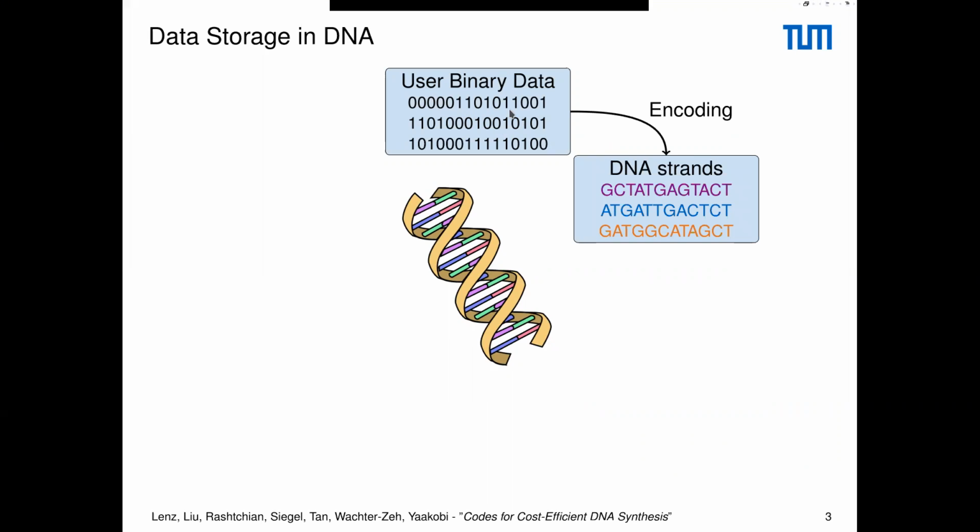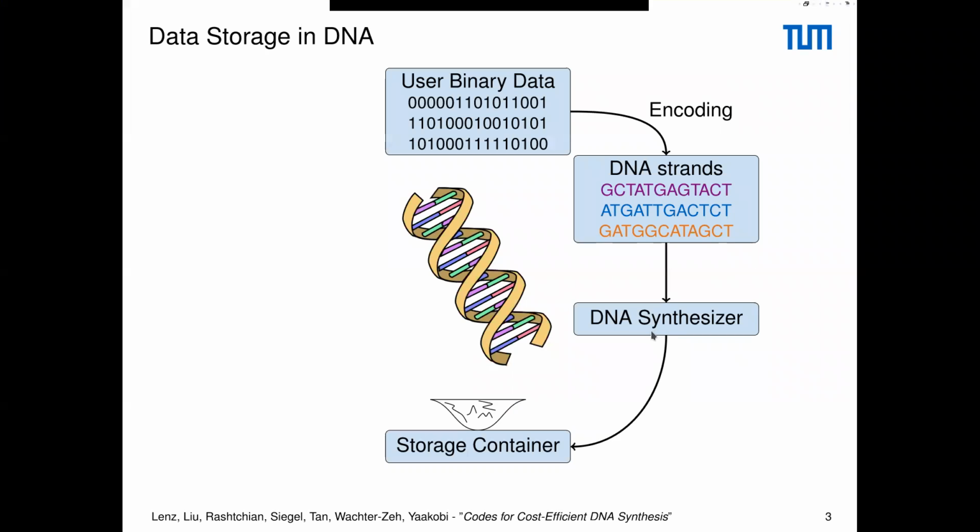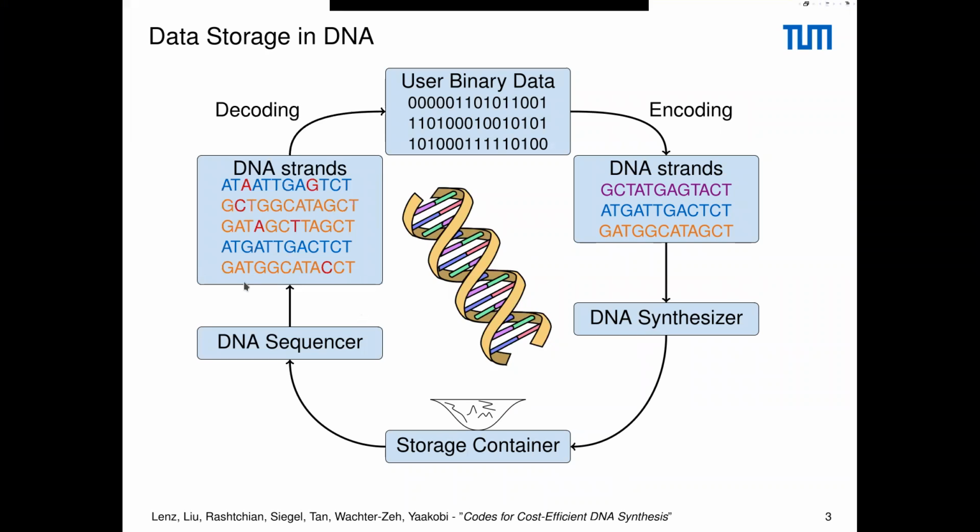The first step to store it is to encode it using an appropriate mechanism into DNA strands, which are basically vectors over the alphabet of A, C, G, and T. Then these strands, which have been encoded, are going to be synthesized, which means they are artificially created by a synthesis machine to be actual physical DNA strands, and then put into a storage container where they are stored until one wants to access the data with a DNA sequencer, which basically just reads the strands as they have been stored, but possibly with errors.